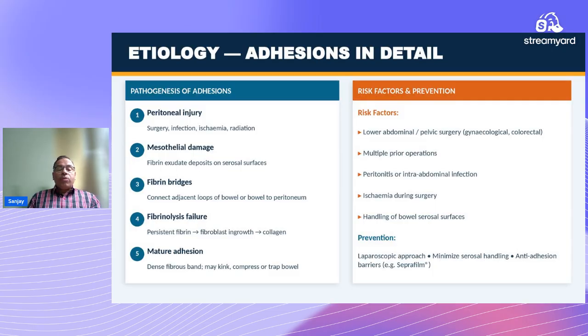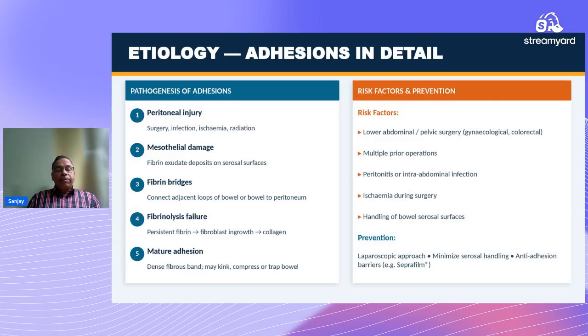If the handling of the bowel during surgery is not delicate and causes too much trauma to the bowel wall, it can also damage the serosal surface and lead to post-op adhesion. So very gentle handling of the gut is an essential prerequisite to prevent post-op adhesions.